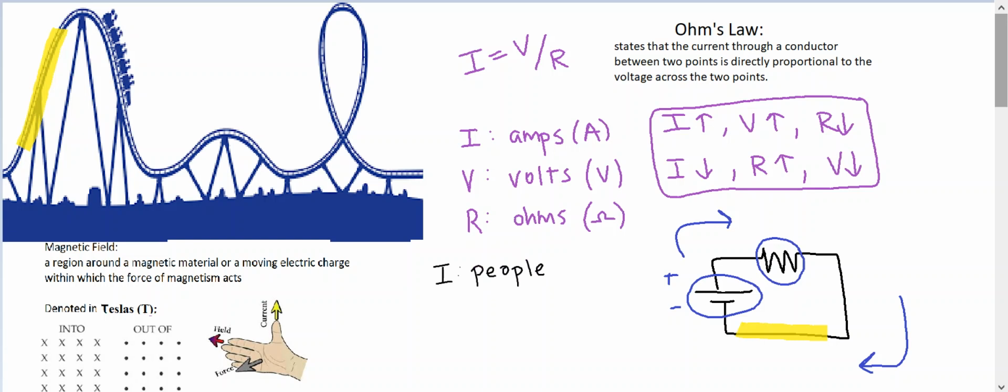So in the case of the roller coaster, that would be the cart carrying the people. And if you've ever been on a roller coaster, you know that once you get to the bottom of a big hill, a big drop, or around a loop, the roller coaster tends to brake and slow down. So we will call these mini brakes, or slowing of the people on their cart, the resistor. We'll make that analogous to the resistor.